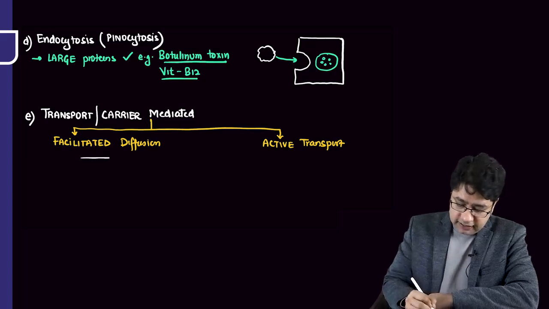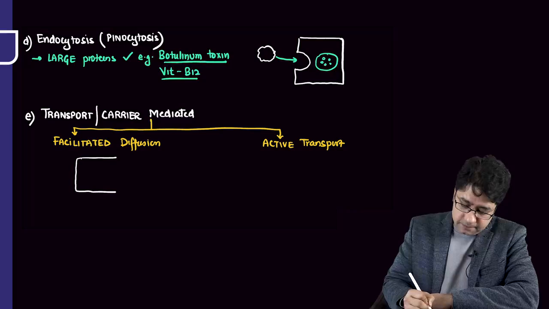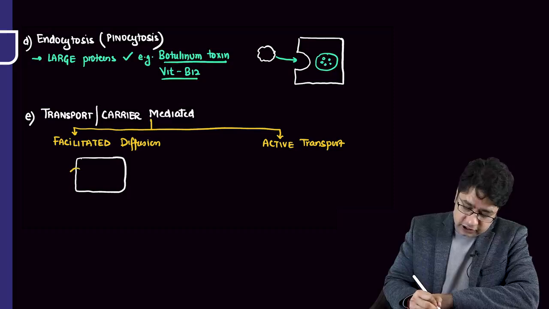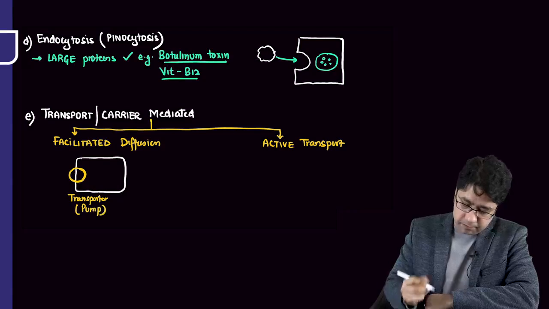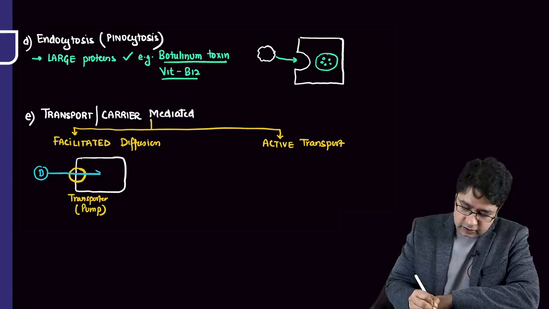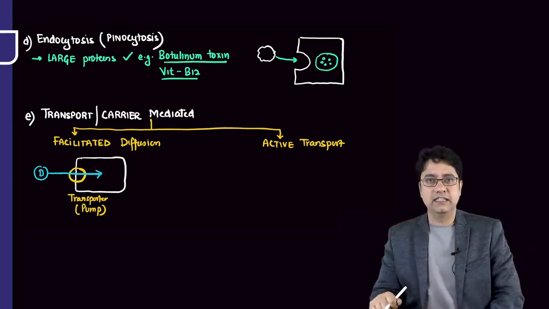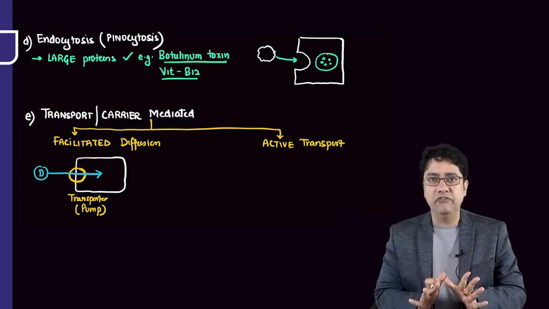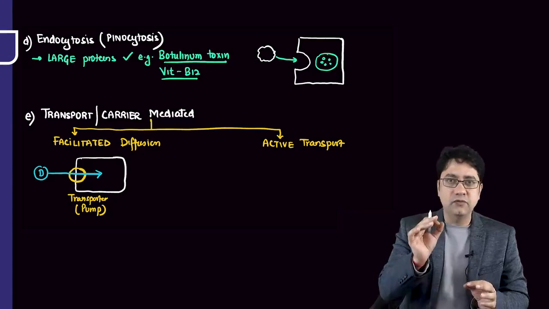So facilitated diffusion: suppose this is a cell and this cell contains a specialized transporter, and this transporter is also known as a pump, just like a motor pump. It will take or hold the drug, and with the help of this transporter, the drug enters into the cell. Now, the difference between facilitated diffusion and active transport is very simple.